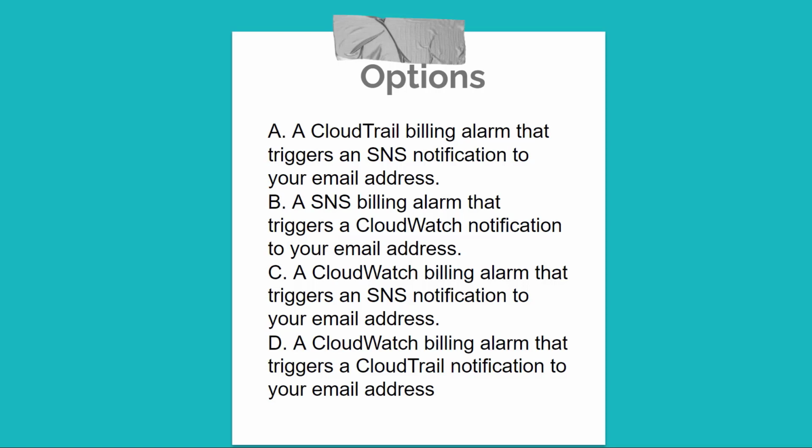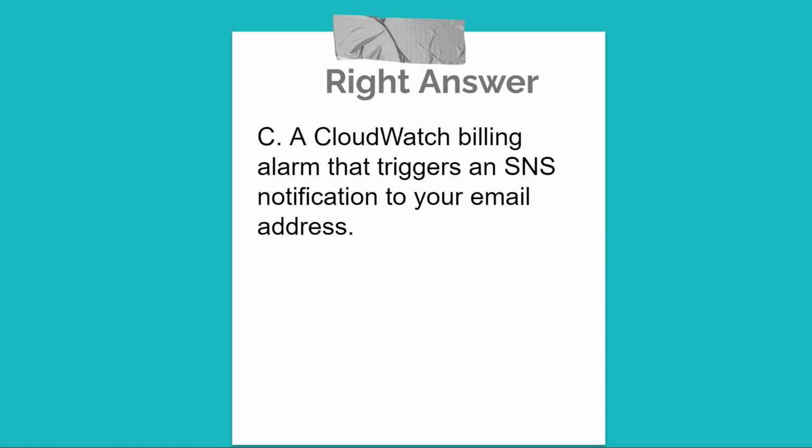B. An SNS billing alarm that triggers a CloudWatch notification to your email address. C. A CloudWatch billing alarm that triggers an SNS notification to your email address. D. A CloudWatch billing alarm that triggers a CloudTrail notification to your email address. Right answer is C. A CloudWatch billing alarm that triggers an SNS notification to your email address.